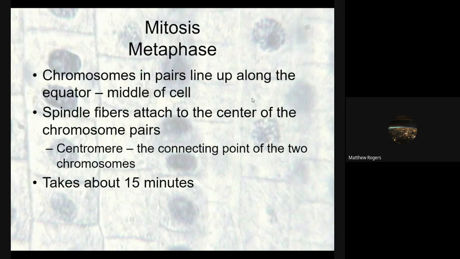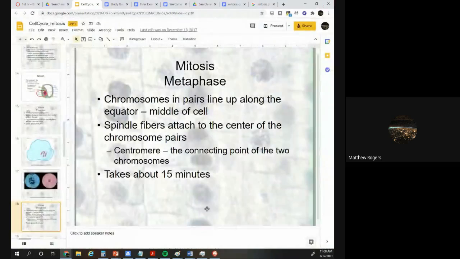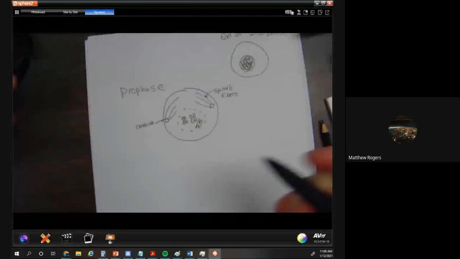In further phases, they're going to break them in half, right down the middle, right at the centromere point. The centromere is where the two sides of the X are connected together. And this takes about 15 minutes. This is relatively quick.